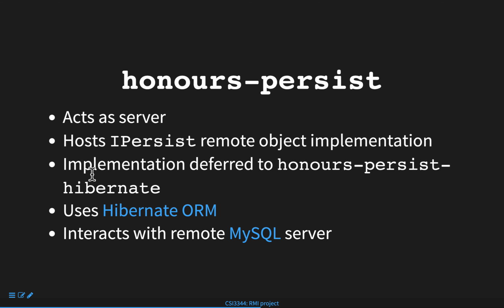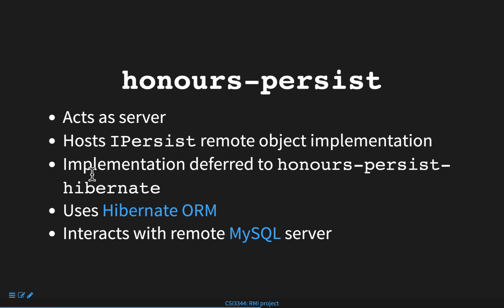And then we have another service called Honors Persist. This is at the bottom. It acts as a server. It hosts the remote object implementation of IPersist. I think it's just called Persist. It defers the actual implementation to the package Honors Persist Hibernate. The reason I chose to do that is, what if we needed to change to some other persistent service like MongoDB or whatever.